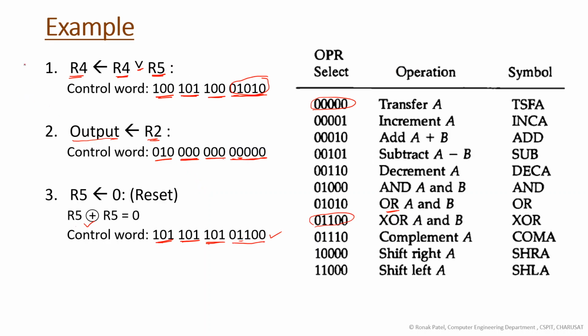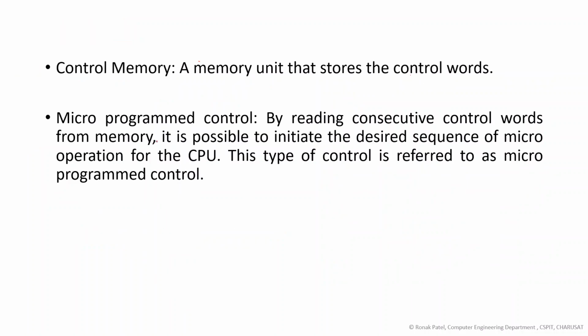Suppose first you want to perform this operation and then that operation. The control words are stored in memory, called the control memory: first this control word, then the second, and then this. By reading consecutive control words one by one from control memory, it will initiate the desired sequence of microoperations for the CPU.